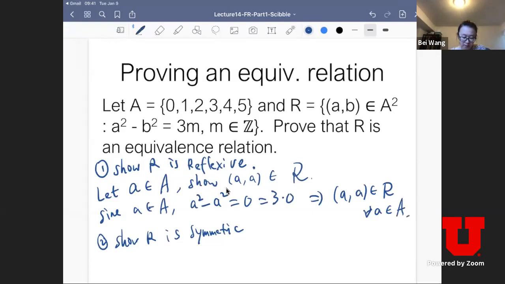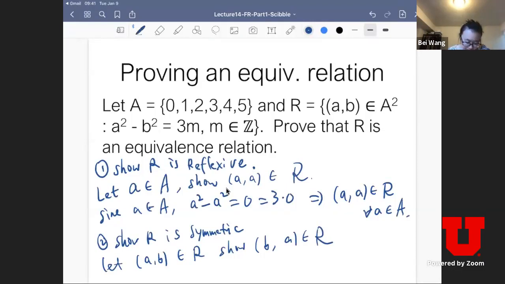Second one, in order to show R is symmetric. Oh, sorry. Actually, let's start from the beginning. If I want to show it's symmetric, what we want to do is say I have a pair A, B that is in the relation. We want to show B, A is in the relation. All right. So how do we do that?